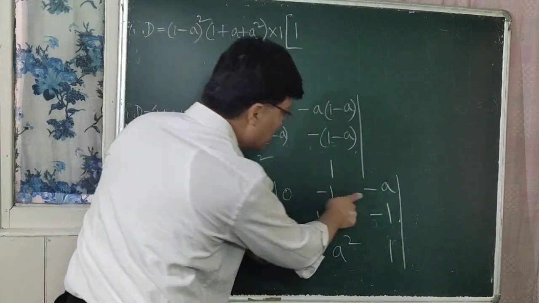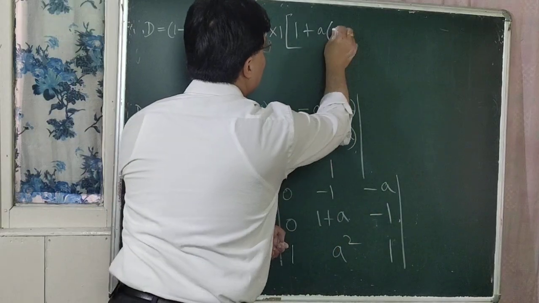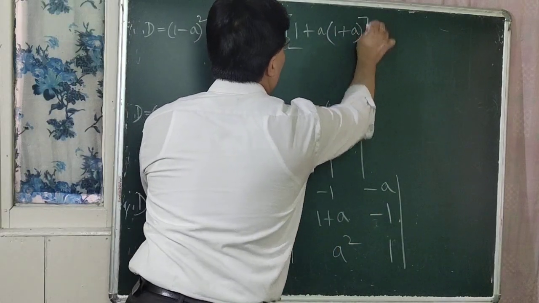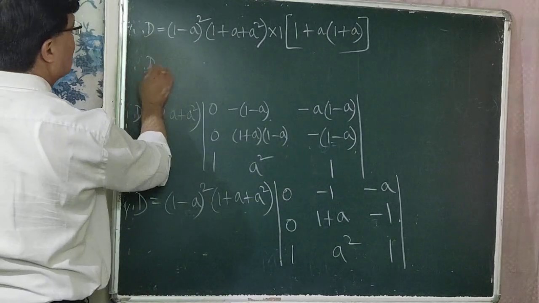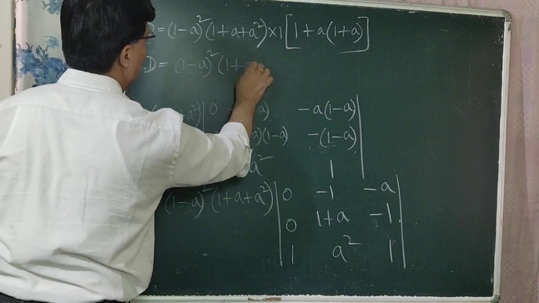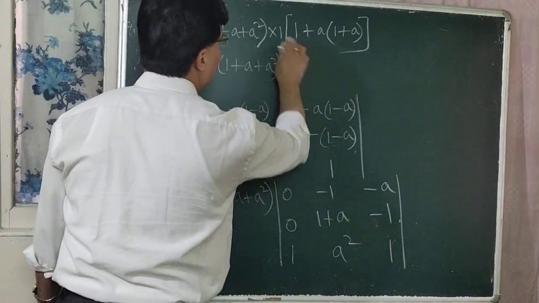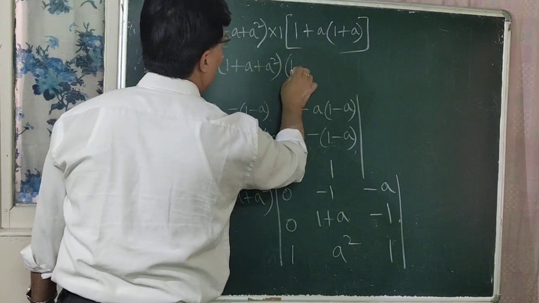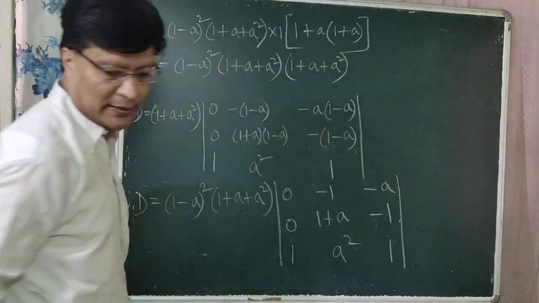Then comes minus, minus into minus, plus A into, within bracket, what is there? 1 plus A. Third bracket is closed. So therefore D is equal to 1 minus A whole square, 1 plus A square, right? And within bracket here we have 1 plus A ones are A plus A into A square, right?